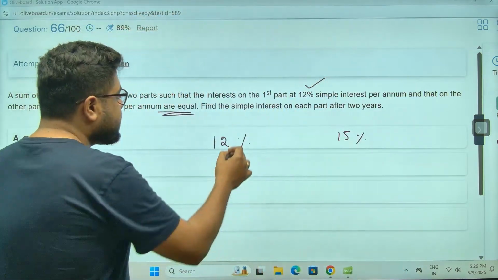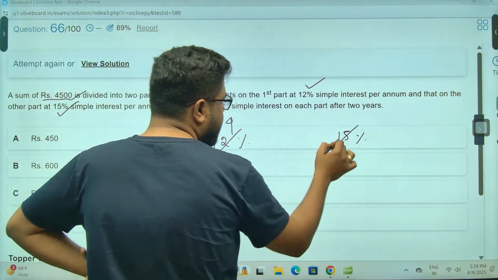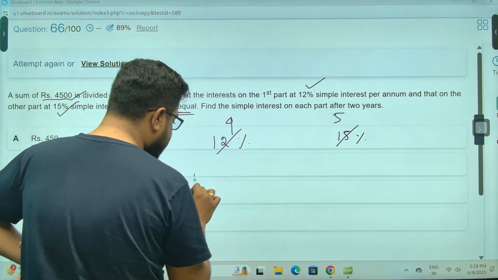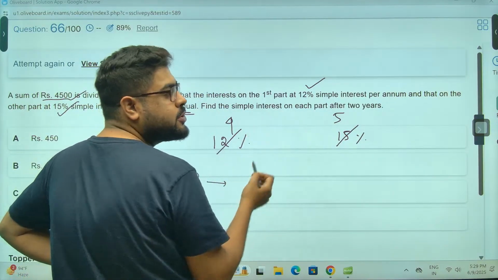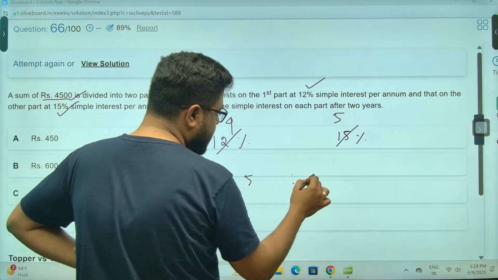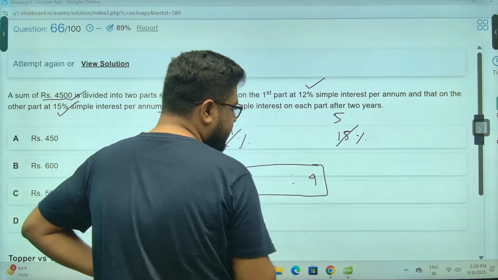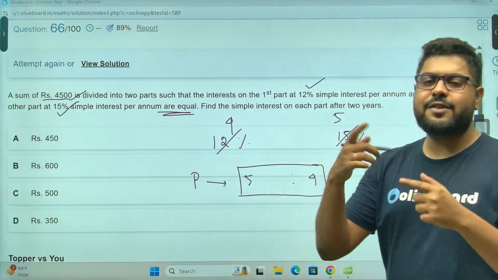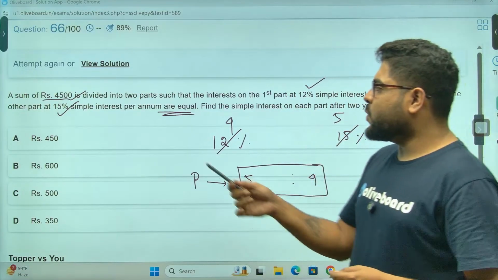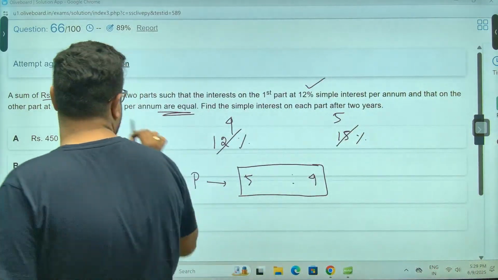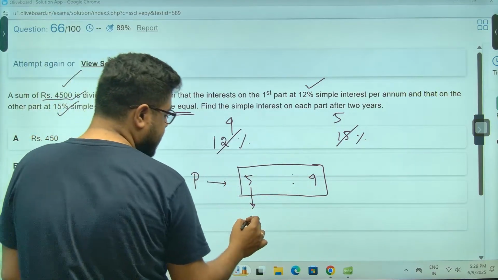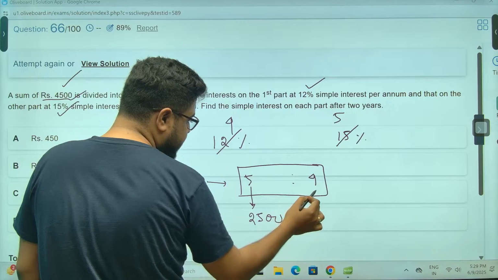So rates of interest are in the ratio 12 to 15, which is 4 to 5. So always the principal ratio will be opposite, 5 ratio 4. If the total interest is constant, principal and rate of interest are in inverse proportion. So total 4,500 divided in this. Sir, 9 parts is 4,500. This is 2,500 and this is 2,000.